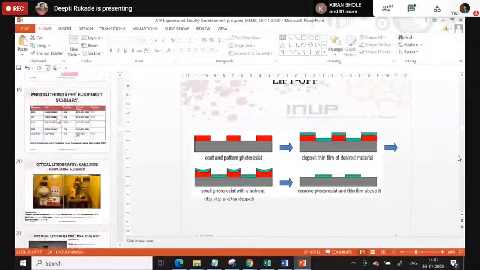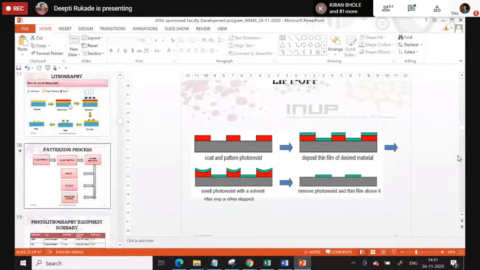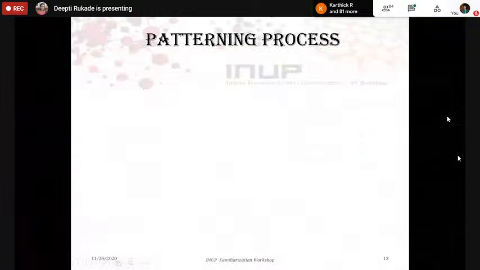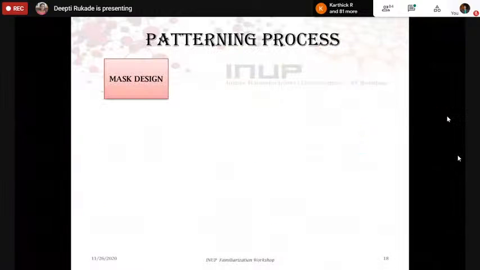Yes, ma'am. Okay. So I'll just go back to this process. Then how do you do the patterning? Now, when you move to the patterning, you have two kinds of lithographies, basically. One is photolithography, that is used for microfabrication. And then you have EBL, electron beam lithography, that is used for nanofabrication.